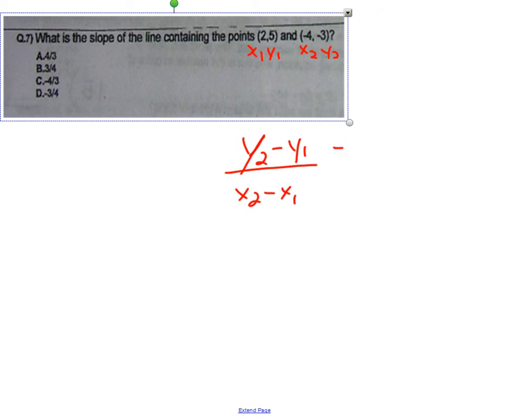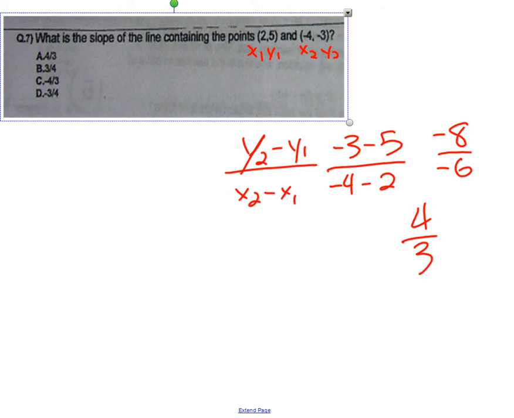So we have negative 3 minus 5 over negative 4 minus 2. So what's that going to give us? Negative 8 over negative 6. Can we simplify that? Yes. This would be 4 over 3. Since they were both negative, they cancel out, and we just get positive 4/3.